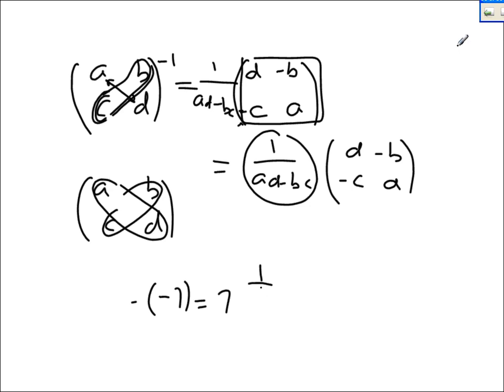After all, 1 over 0 is indeterminate. You can't divide by 0, whether you want to or not.